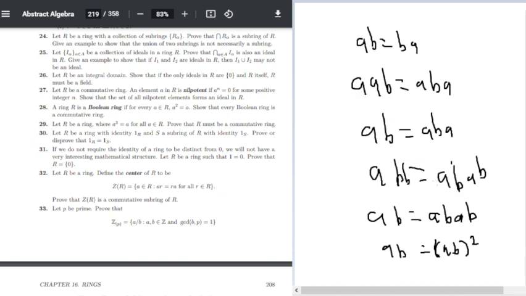Wait, so AB is equal to AB squared, which gives us AB is equal to ABAB, which gives us that ABB is equal to ABAB. I just don't know if we necessarily have a cancellation law.